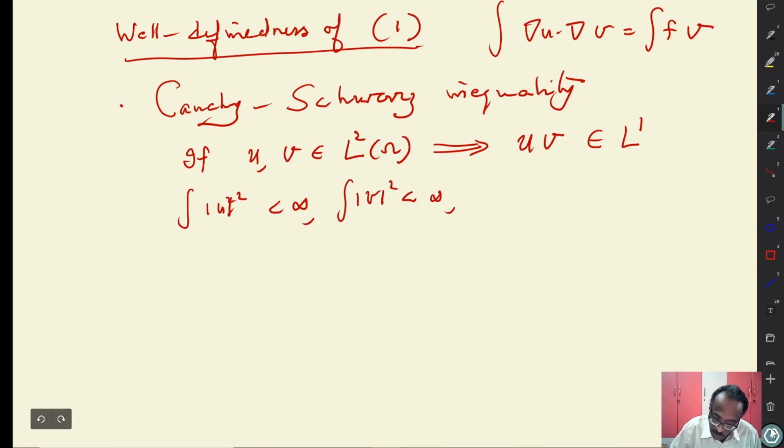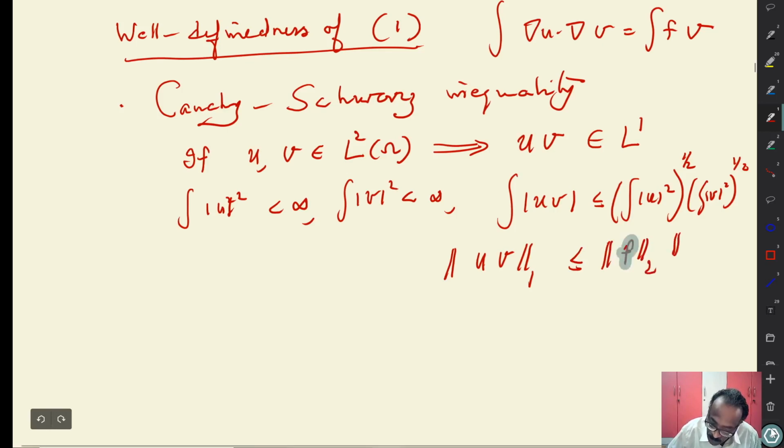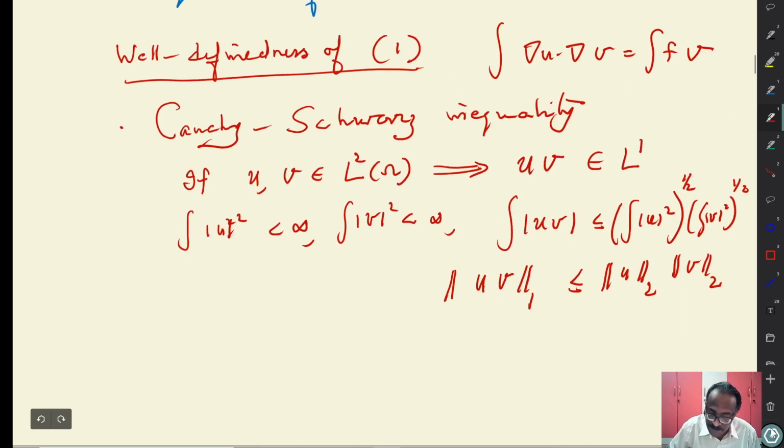And the Cauchy-Schwarz inequality tells you that the integral of mod uv is less than or equal to the integral of mod u square whole power half into the integral of mod v square whole power half. So that means the norm of uv in L1 is less than or equal to the norm of u and the norm of v in L2. So the well-definedness is fine.